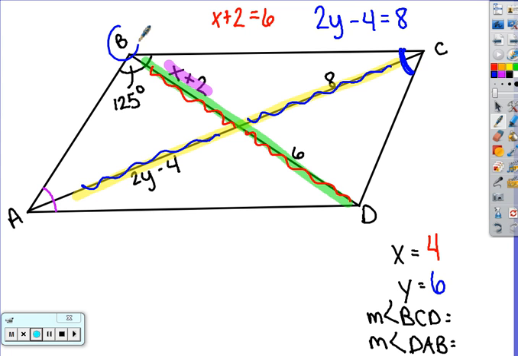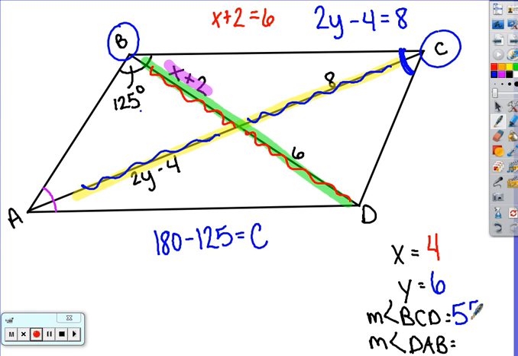Angle B and angle C are adjacent angles. They are next to each other. The sum of those angles should be equal to 180 degrees. So if angle B is 125, that means that angle C has got to be 180 minus 125. 180 minus 125 is 55. So the measure of angle BCD is 55 degrees.